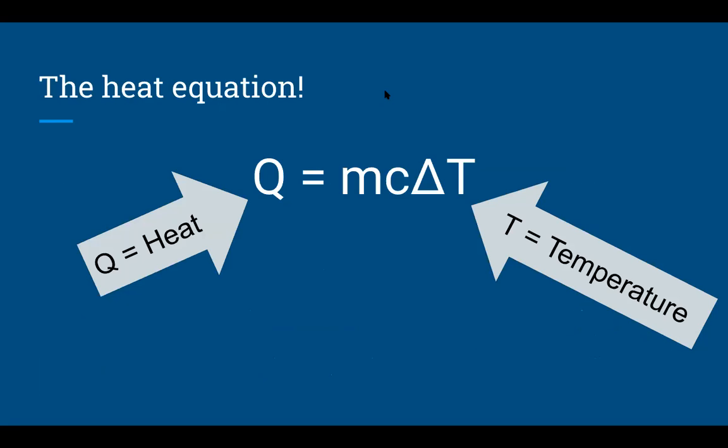On this heat equation, Q, that means heat. T, that means temperature. Don't forget the delta, that means change in temperature. If you're plugging in just one value of temperature from a word problem, you better be sure that value is a change in temperature.